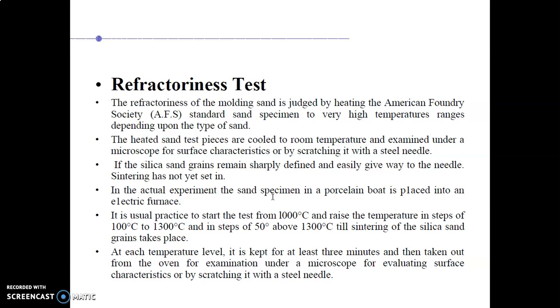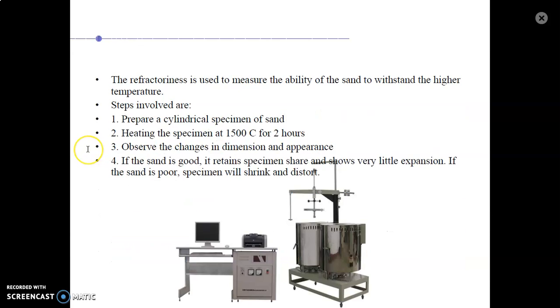In the actual experiment, the sand specimen on a porcelain board is placed into an electric furnace. You heat it and again check the sharpness of the particles. This is a very simple instrument used for refractoriness testing.